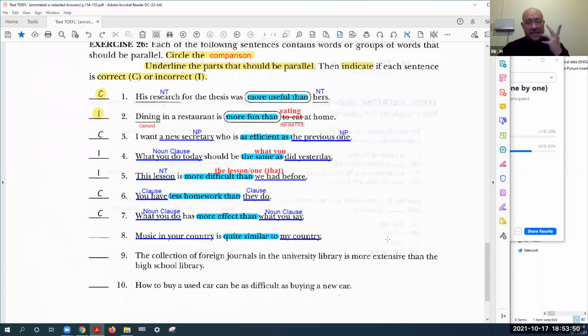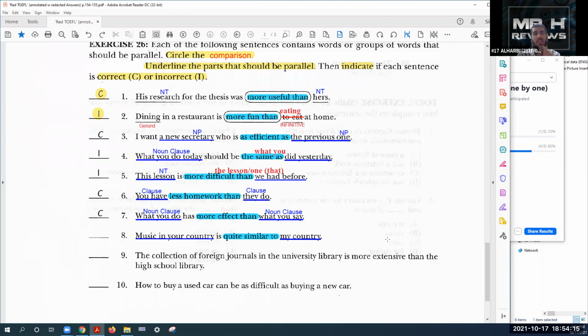Now, in this example, you need logic here, okay? The structure looks okay, but are you comparing the music in your country to my country?